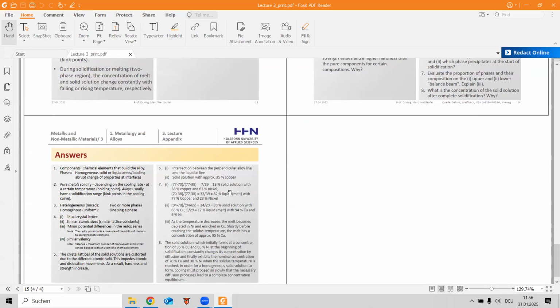Using the formula we have discussed before, we get 18% solid solution with 38% copper and 62% nickel, and 82% of liquid or melt with 77% copper and 23% nickel.